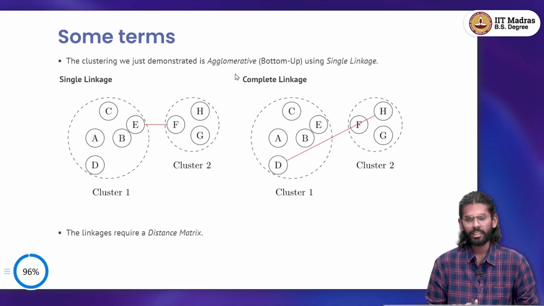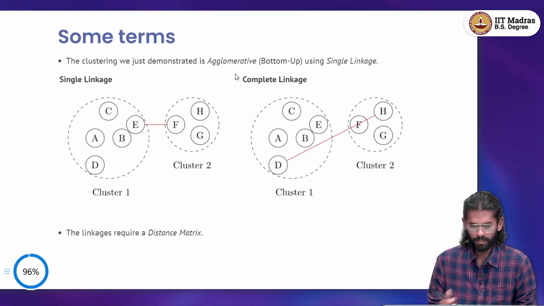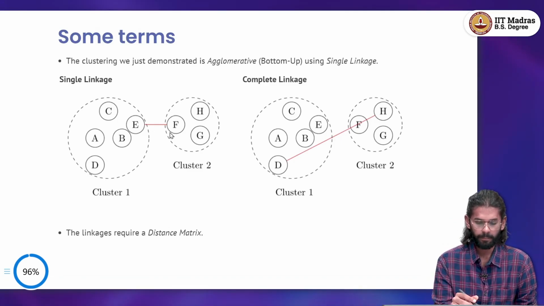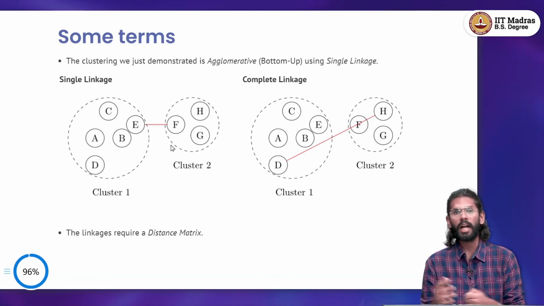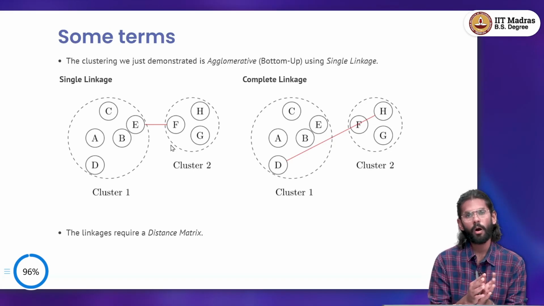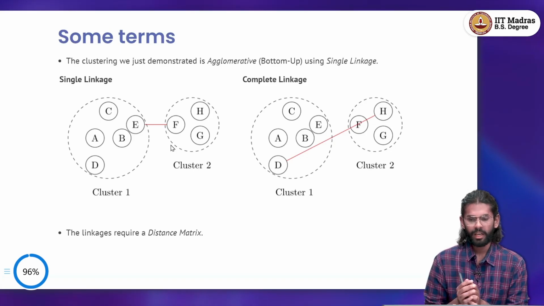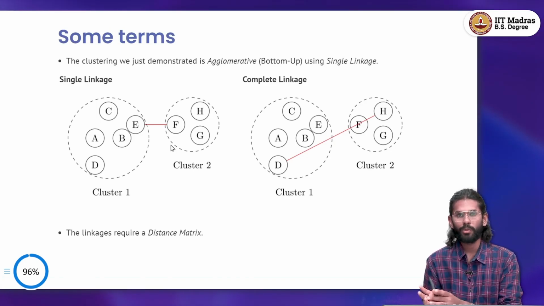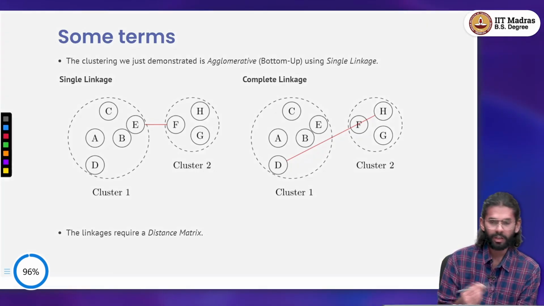And thirdly, for all these linkages to work, here we saw we required all the 15 distances, but when we start off, we require all the distances between all points. So we need all pairwise distances of points, and we can use a matrix to encode this. This is called a distance matrix.